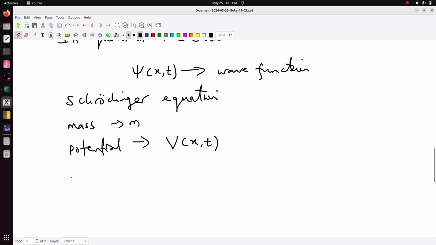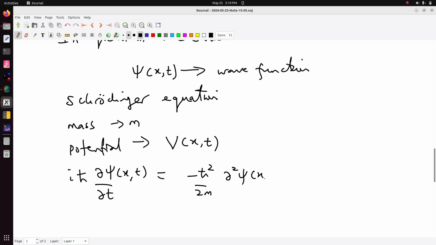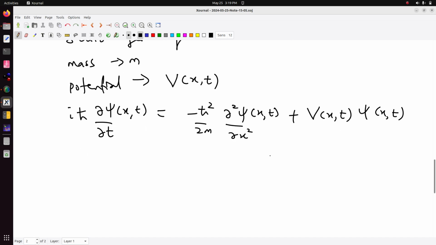The time-dependent form can be written as i h bar partial psi partial t, where the wave function depends on x and t, equals minus h bar squared over 2m partial squared psi over partial x squared, plus the potential times psi. Okay, so this is the time-dependent Schrödinger equation.